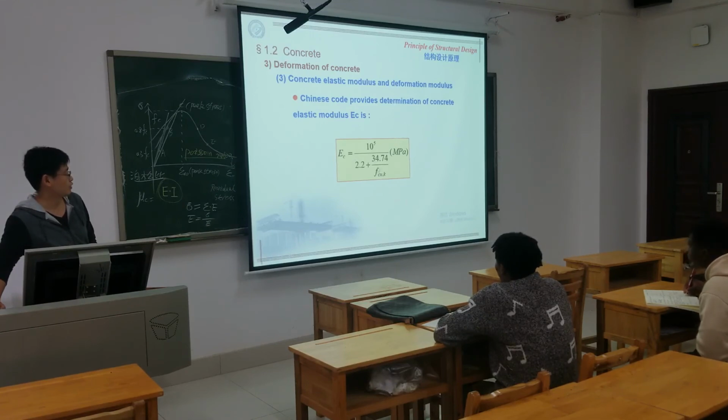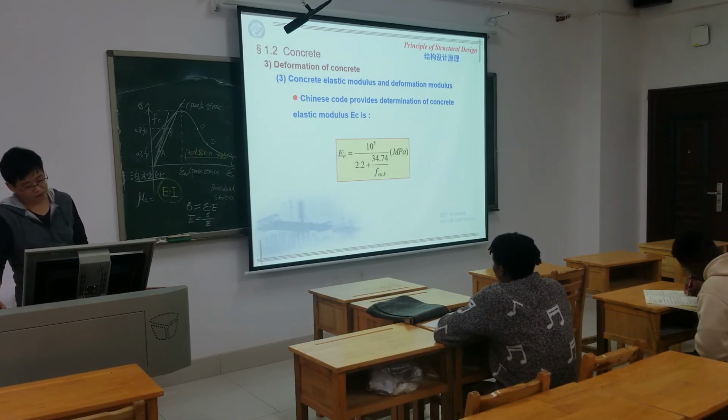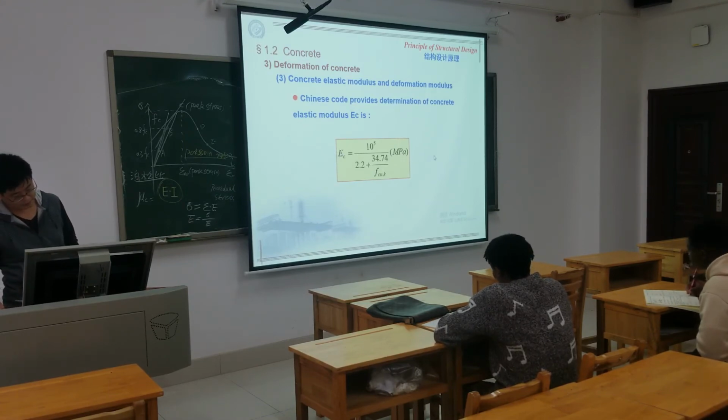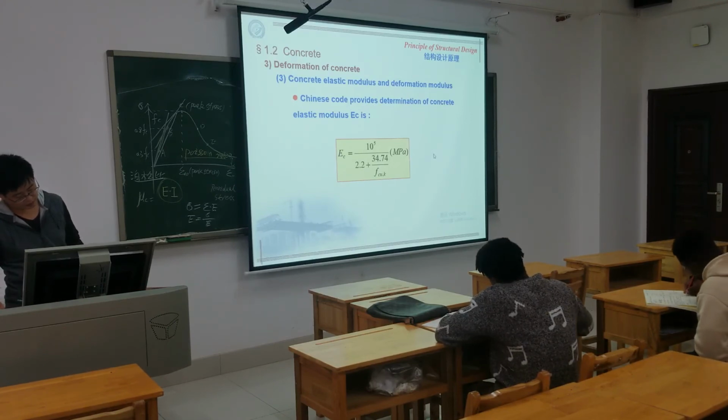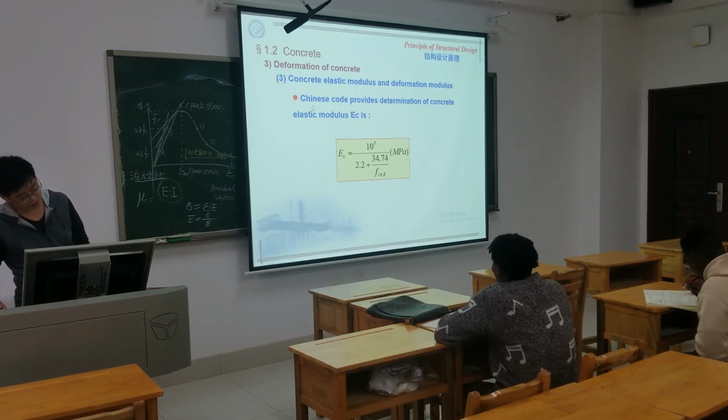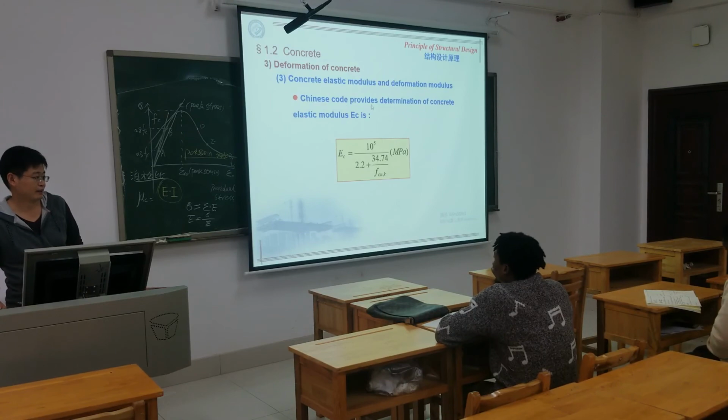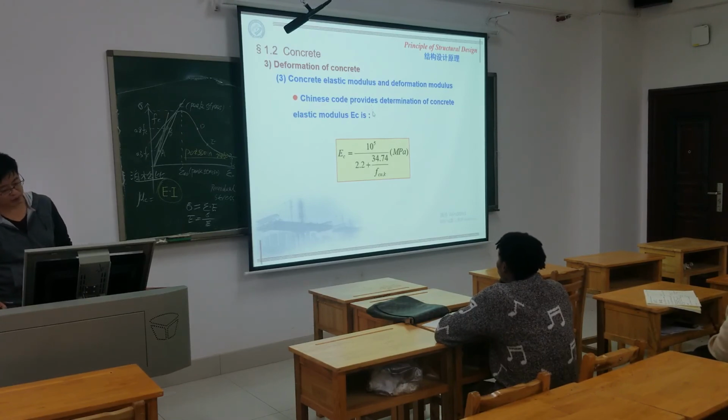Once you have this f_cu,k, then you can get the elastic modulus. So actually, it's easy to use. If you go back to your country, maybe it will be different.